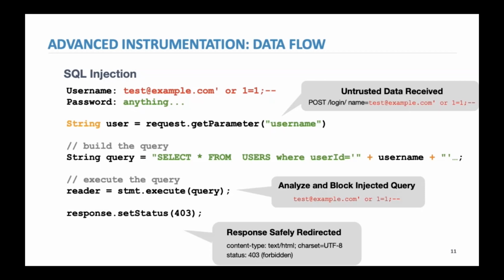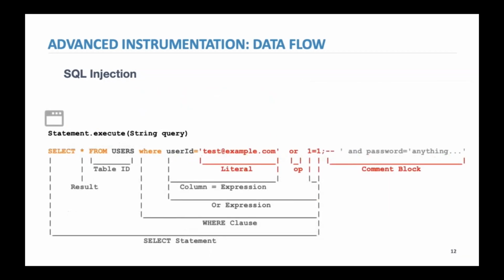So let's take a look at what we're doing underneath here. Here's how we can know if the untrusted data actually changed the query. Basically, we check to see if that untrusted data changed the parse tree. In this case, you can see the attacker's single quote here. Normally it would have just stopped there and continued with the rest of the query, but in this case, the attacker's single quote introduced a new OR expression.